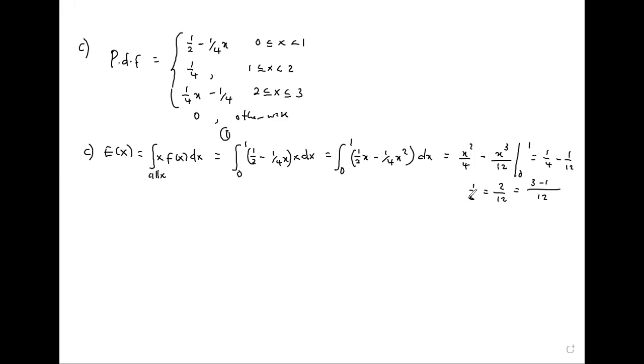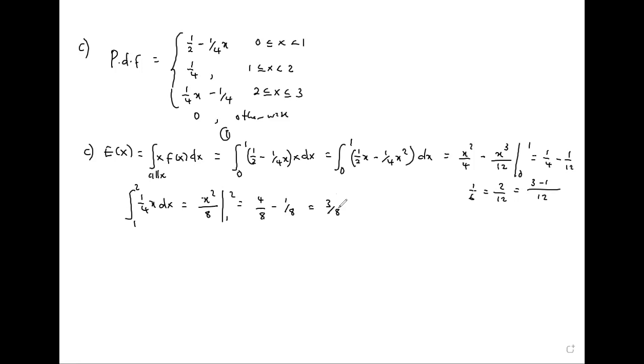So keep that first piece. Remember, plus the second piece, the integral again of 1 over 4 multiplied by x from 1 to 2 dx. That is x squared over 8 from 1 to 2. That is 4 over 8 minus 1 over 8, that's 3 over 8.